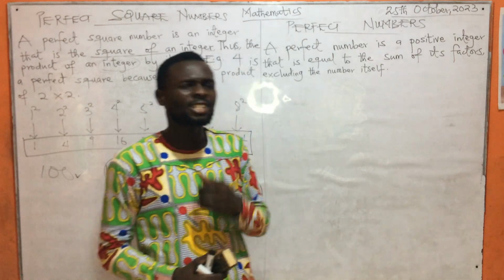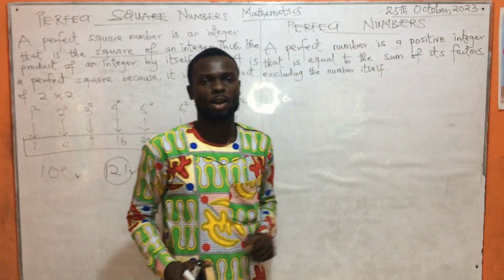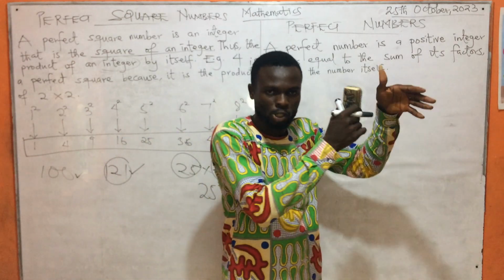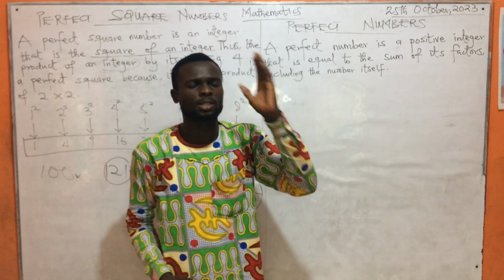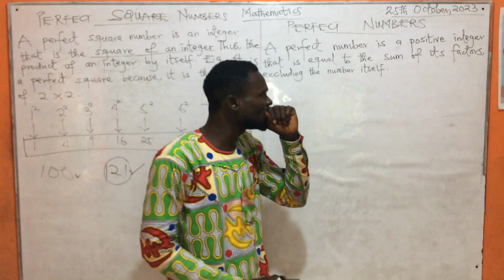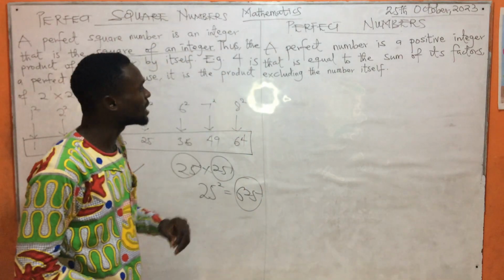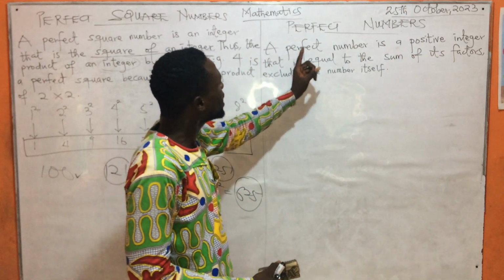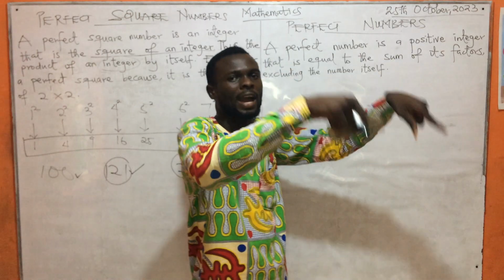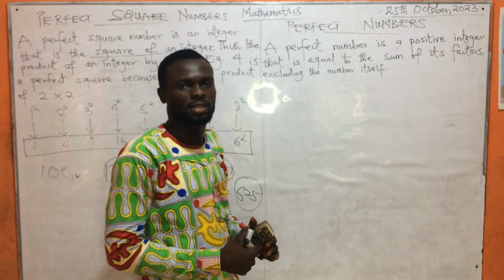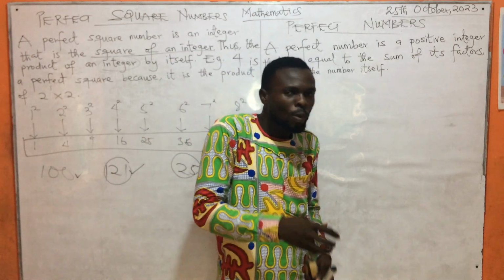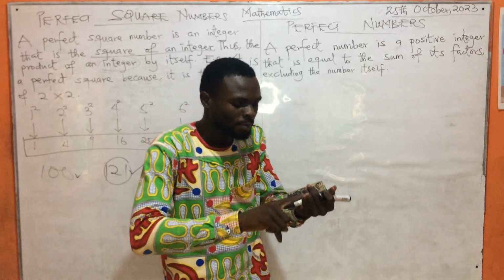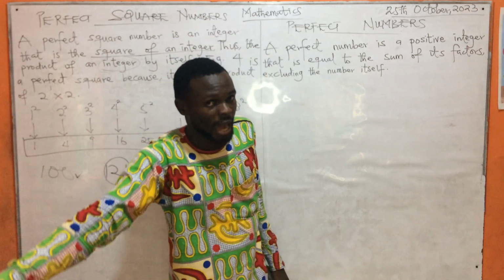Good. Now let's look at the perfect number or perfect numbers. Perfect square numbers, or perfect square, is totally different from perfect number. What is it saying? It says that a perfect number is a positive integer that is equal to the sum of its factors, excluding the number itself. So if I want to know whether a given number is a perfect number, I have to know the factors of that number.